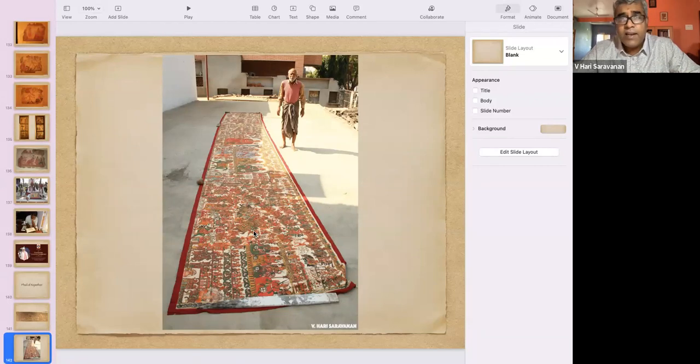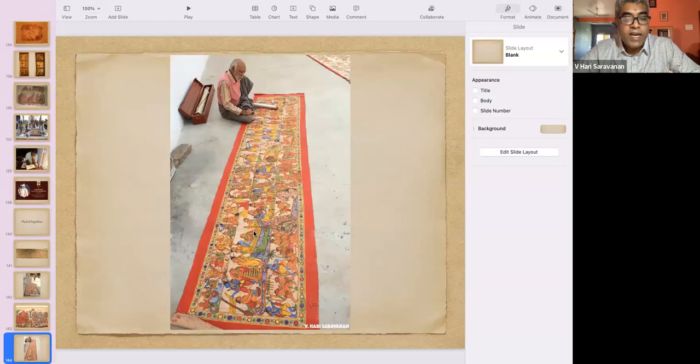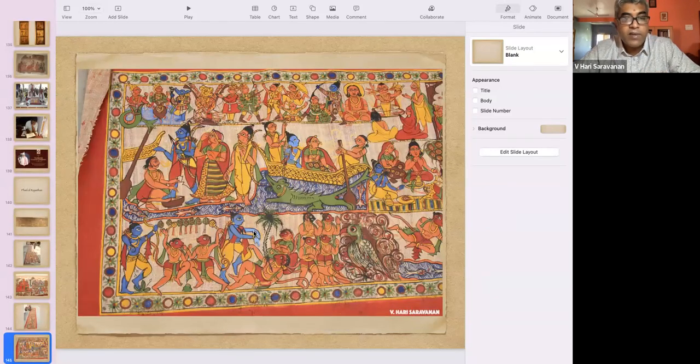Here is one of the artists who is displaying his work in Chittorgarh, and this epic centers around Pabuji and Devnarayan, and here is a depiction of Pabuji. Then artists have also started to make the Ramayana epic and so on.